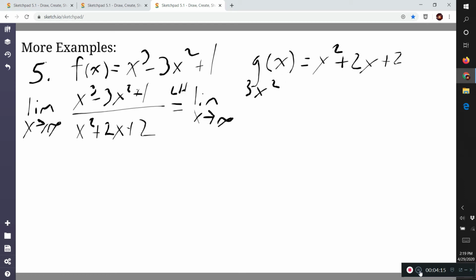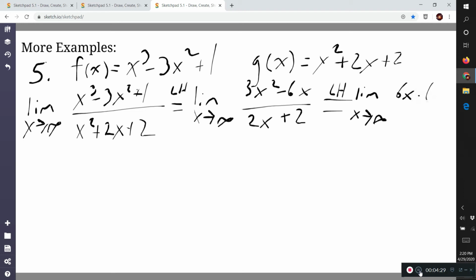We'll go over that at the end. So we apply L'Hopital's rule, derivative top, derivative bottom. It would still be infinity over infinity, so we apply L'Hopital's rule a second time. (6x minus 6) over 2. Now if we plugged infinity in, we would just get infinity.